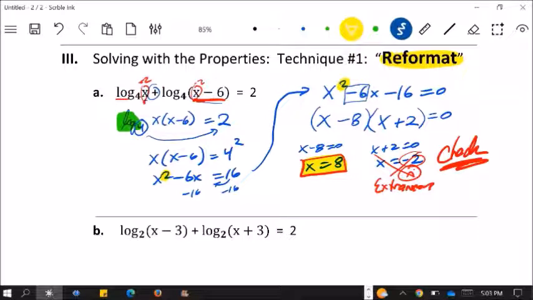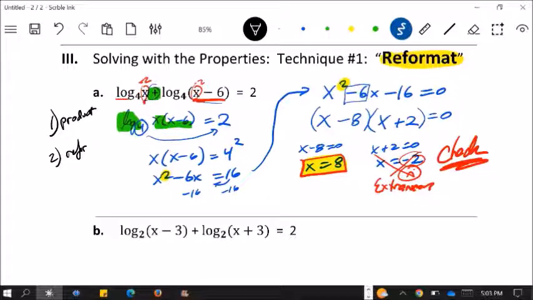This next problem is the same exact type of thing, right? So let's first go over this here. What I first did is I used the plus to make this multiply and put them together. So one was the product property. And then two is I made it exponential.